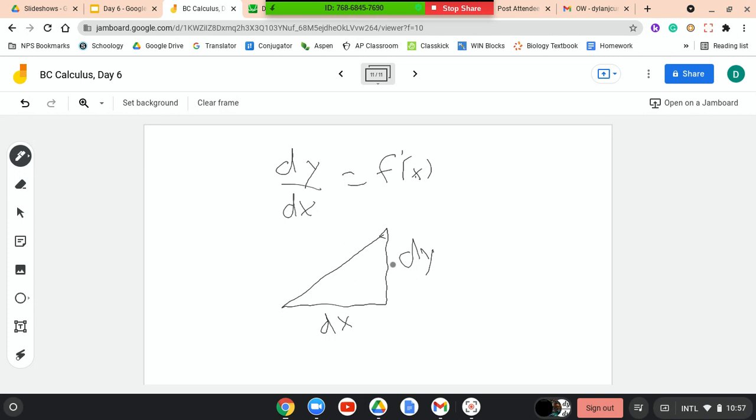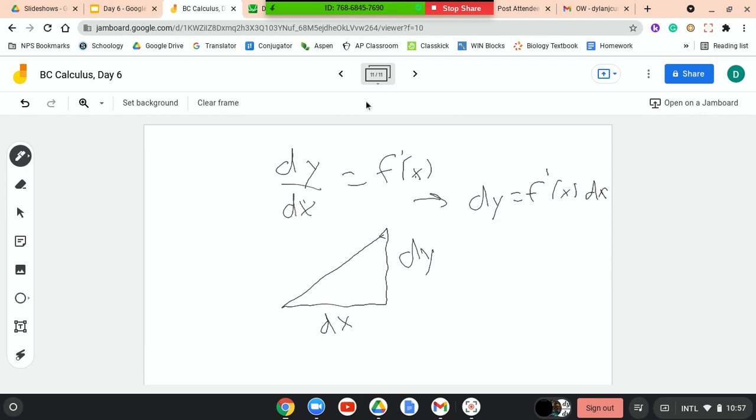Would you agree? Cool. So this is an equation, and we can treat it as such. If we multiply both sides by dx, we get that the tiny change in y is equal to our derivative times dx, just by multiplying both sides by the same thing. Is that valid?